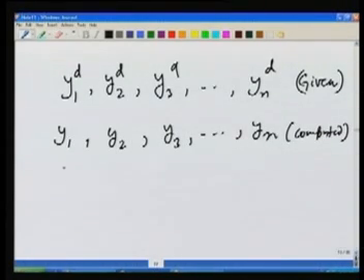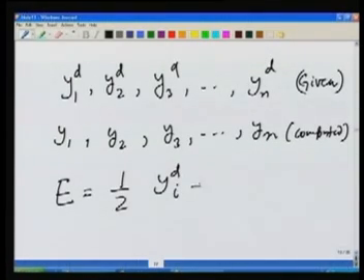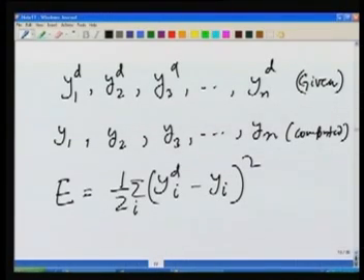So, network computes y 1, y 2, y 3, y n given y 1 d, y 2 d, y 3 d, y n d. So, I compute the cost function E. Instantaneous cost function is half sigma over I of y d I minus y I, squared. So, I subtract y from y desired, square it and add for all the output units in the output layer. So, that is how I compute the cost function.